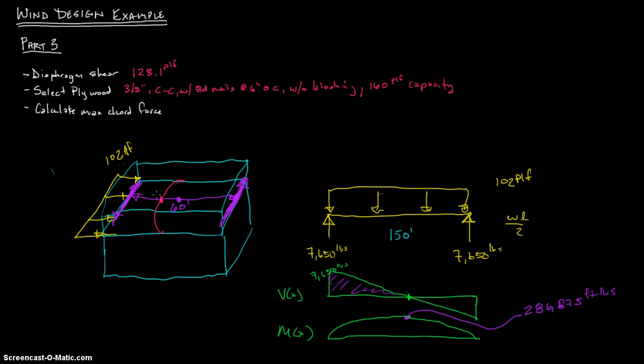So if you remember, if you've seen the truss videos earlier, you know that you can treat a truss like a simple span. If you're looking at a simple span and you're looking at the truss, then wherever you are on the truss, for instance, if you're looking at the moment, you say, okay, this truss is a simple span, and you look at the middle, it's like, oh, okay, if this were a beam, I would have 286.875 foot kips.